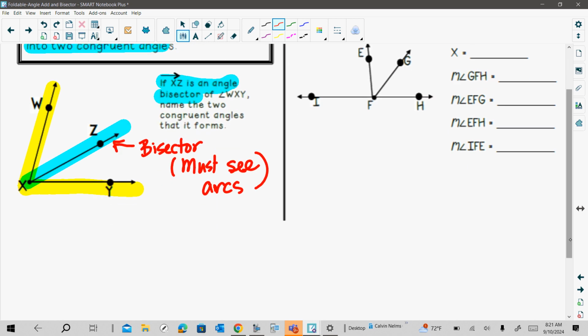Meaning, I need to see a curve going from W to Z here, and I need to see that same curve going from Z to Y to show the two congruent parts. Okay? So it says name the two congruent angles. The angle WXZ will be congruent to the angle ZXY.